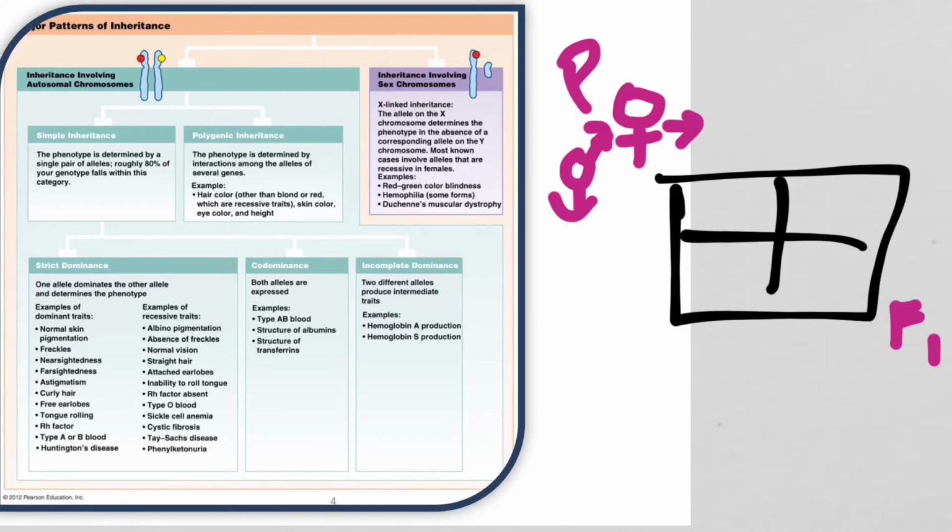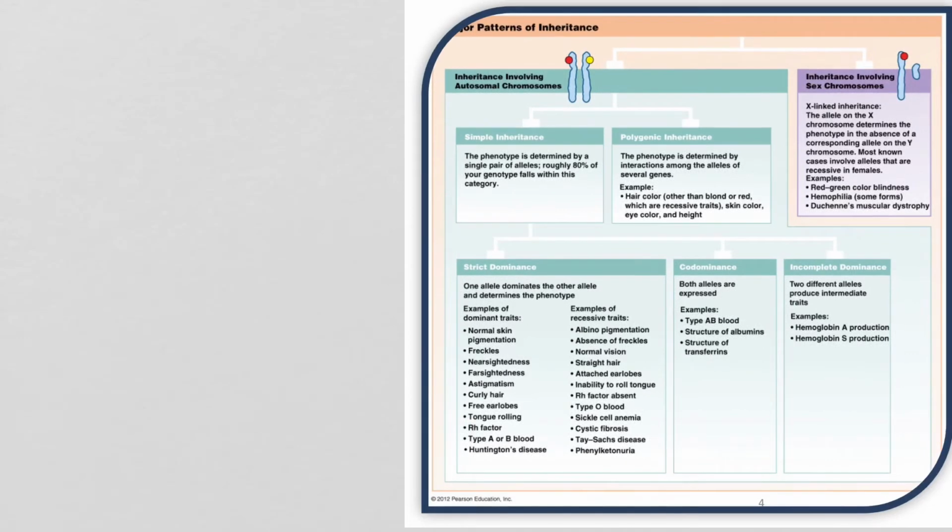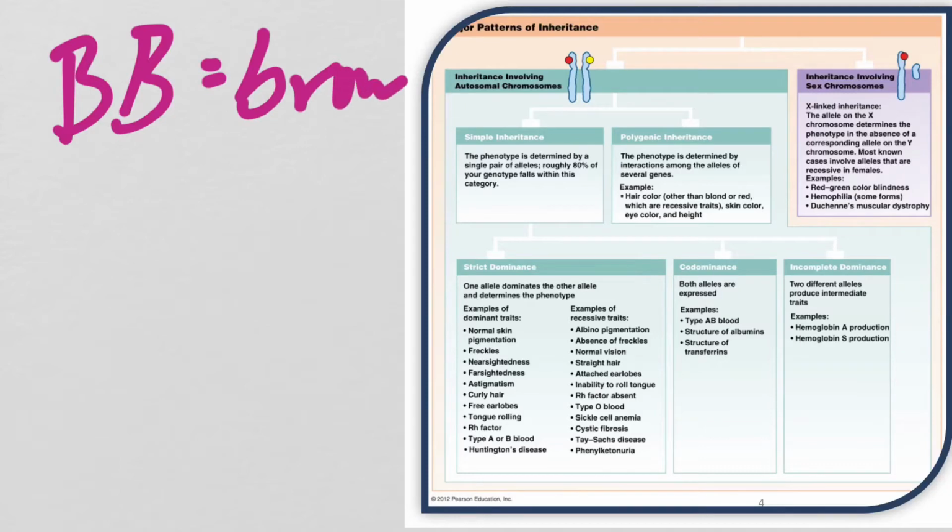So the genotype of a homozygous dominant individual is BB, and this will be our brown eyes.